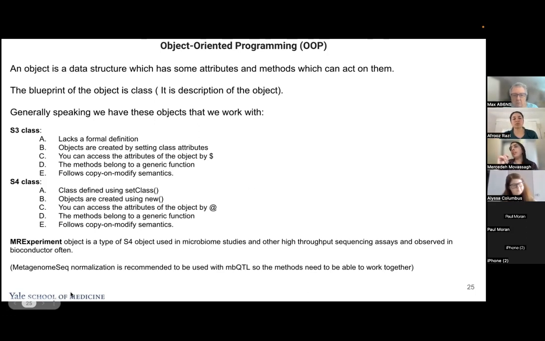Or for MirTarRNASeq, it had to deal with SPONGE. SPONGE has an S3 object in there, so it had to be compatible. And that brings up another issue: when you create packages, you have to make sure that they can talk to other packages so that you can continue other people's work and have translatability between packages. I just wanted to bring that up real quick before I move on to the next topic.